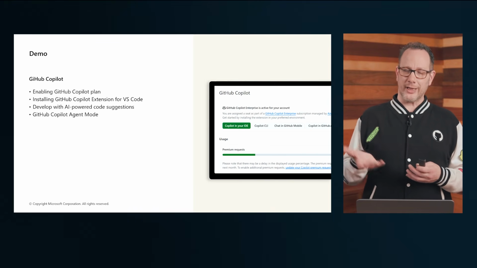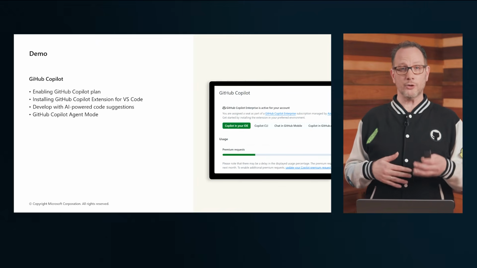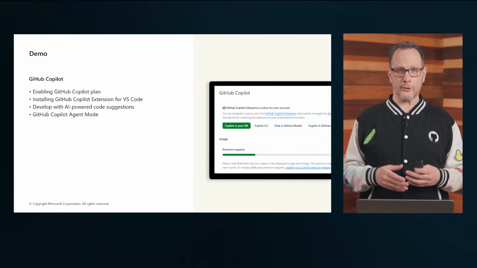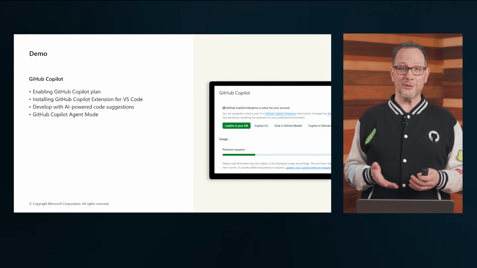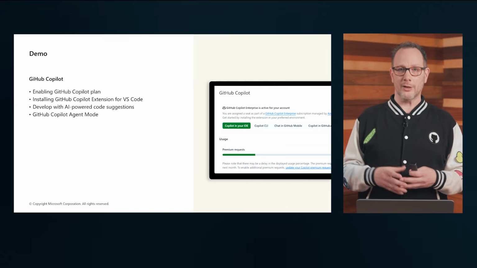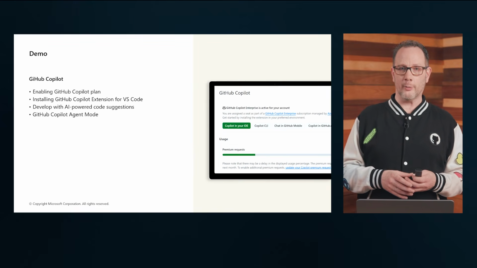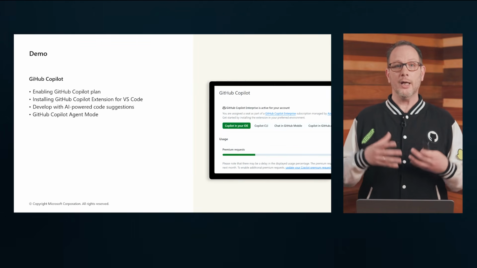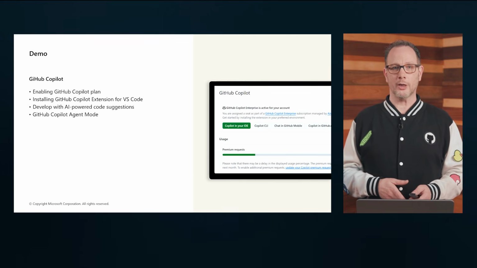This gives you that sense of how generative AI can support more advanced workflows, not just individual lines of code. And then by the end of the demo, you should feel comfortable experimenting with GitHub Copilot on your own projects and seeing how it adapts to your work.